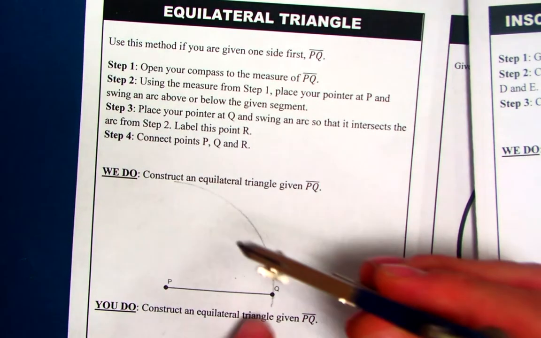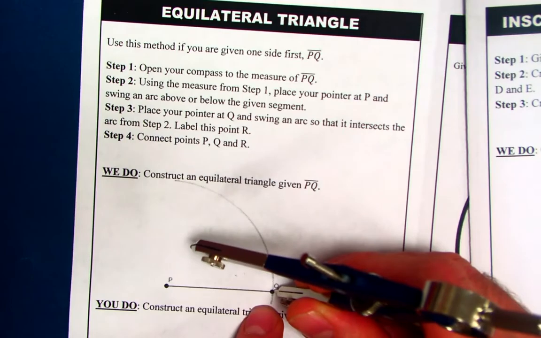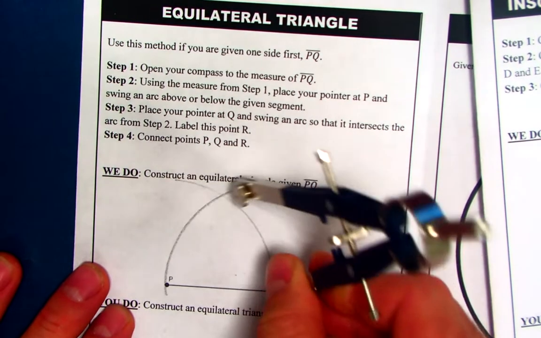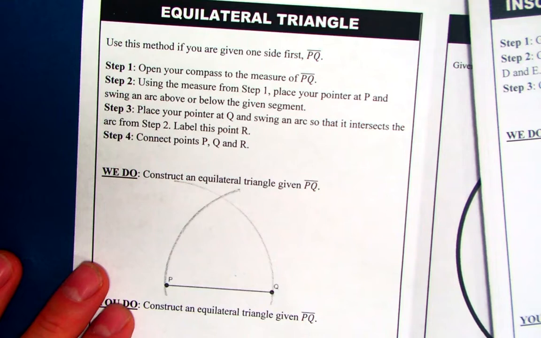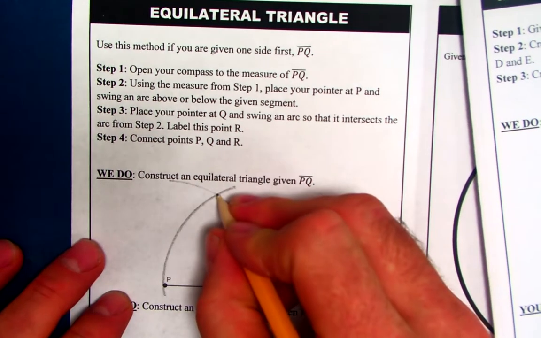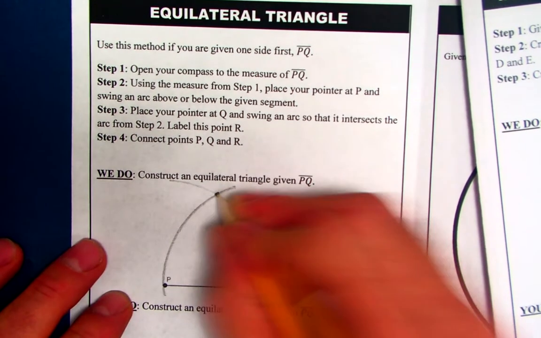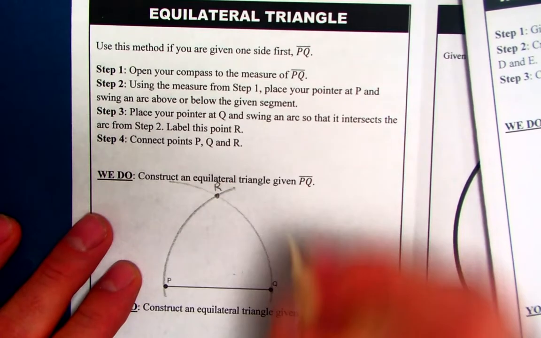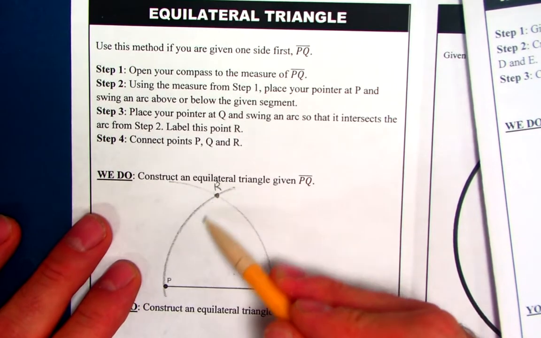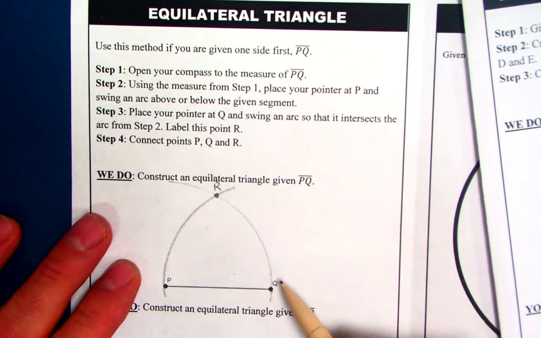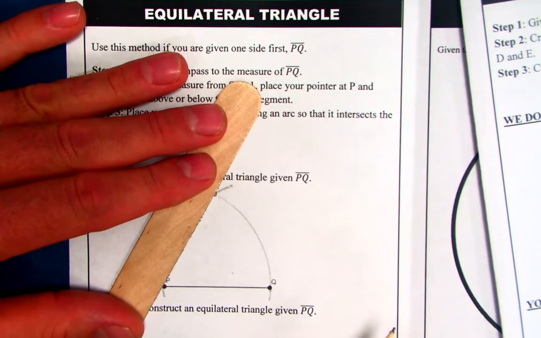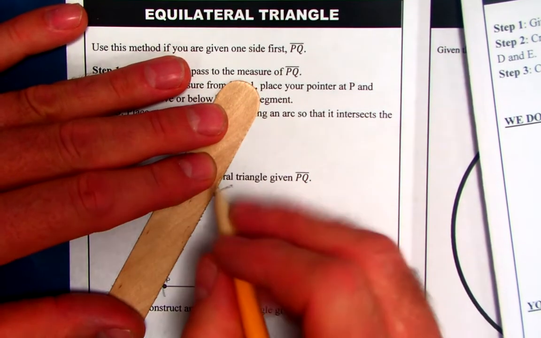Now we're going to repeat that, except we put our compass at the other endpoint and swing an arc above the segment. Those two arcs intersect at a point, and we're going to call that R. That point is equidistant from P and Q. It's the same distance away from P as it is from Q. So all we need to do now is join these together.